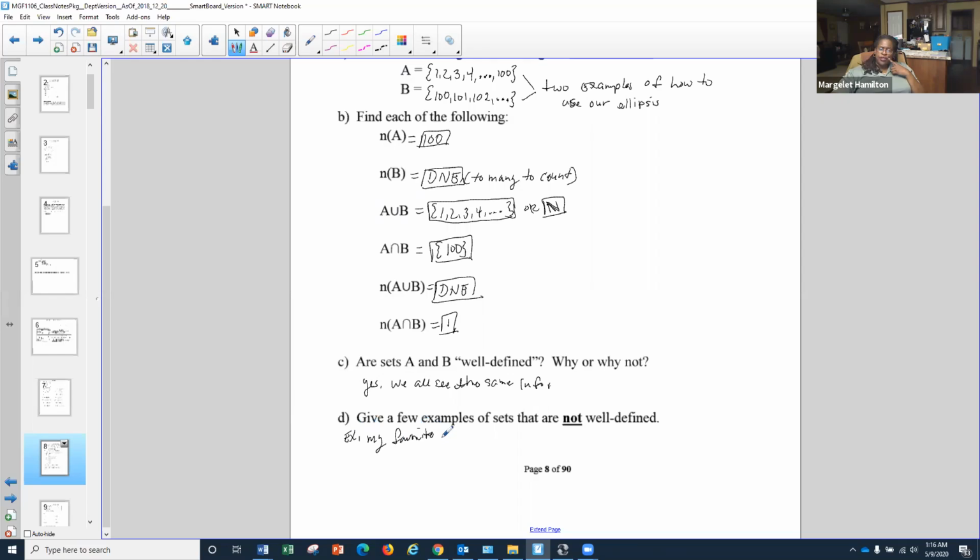My favorite movies. Is that well defined? No, because my list of favorite movies isn't necessarily your list of favorite movies, right? We have two different types of things that we like. You're not going to pick the same ones that I like, and I'm not going to pick the same ones you like.